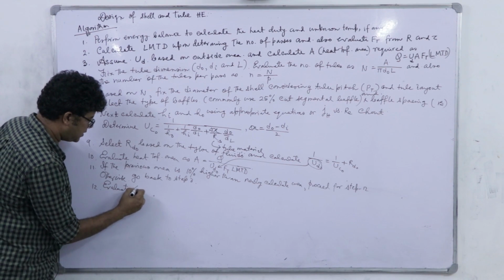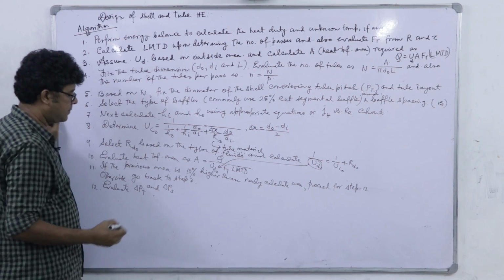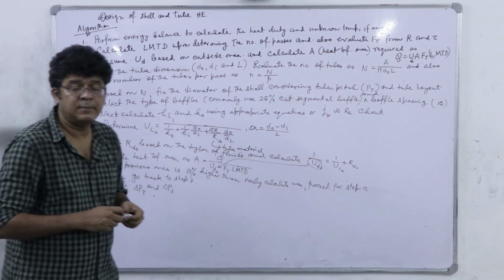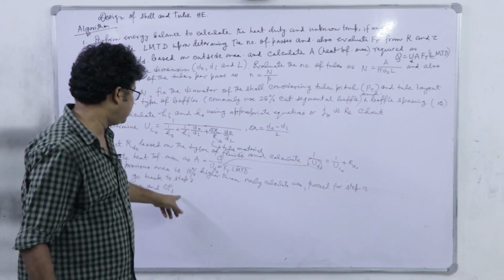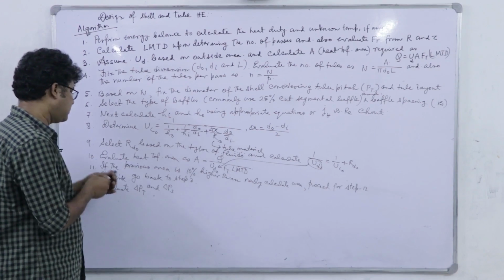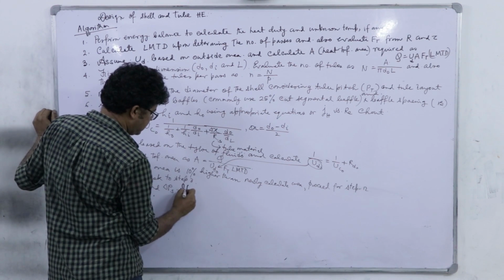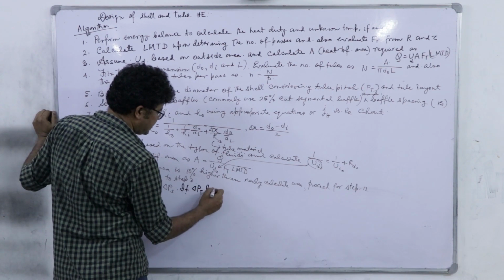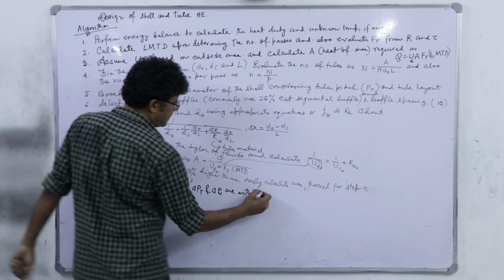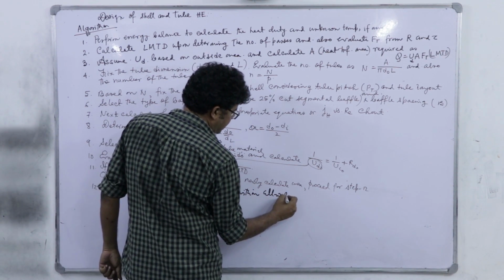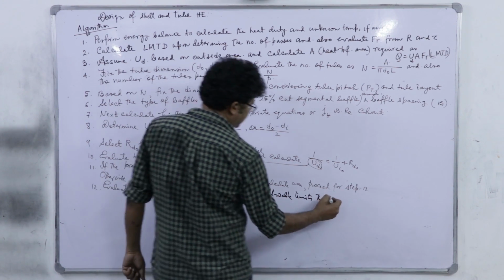Evaluate delta PT and delta PS. This delta PT is the total tube side pressure drop, whereas delta PS is the respective shell side pressure drop, right. If delta PT and delta PS are within allowable limits, then proceed for mechanical design.